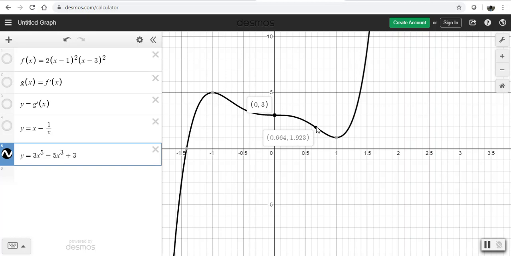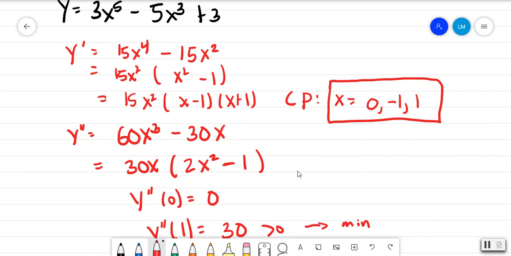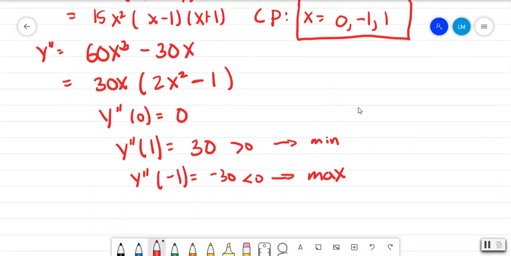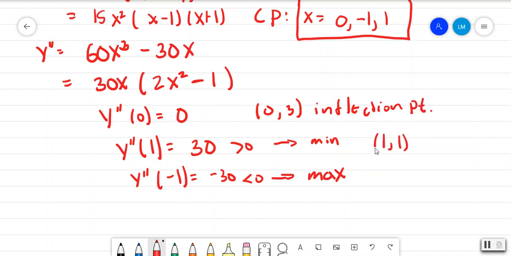But you really don't need that technically, because the whole point is that we found out that (0, 3) just happened to be an inflection point. And then (1, 1) was the relative max.